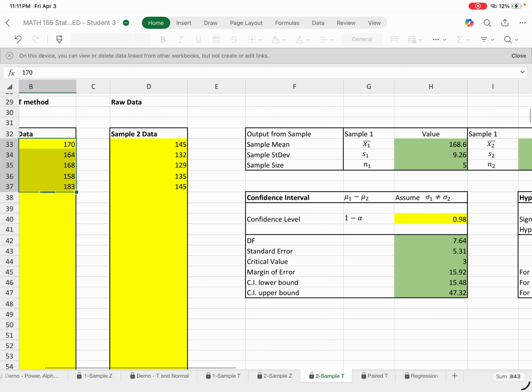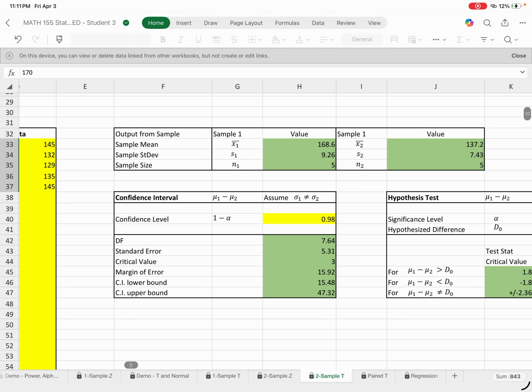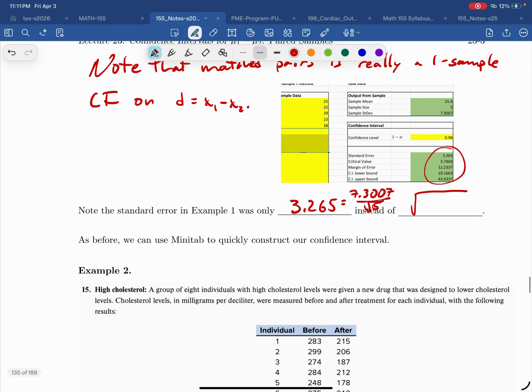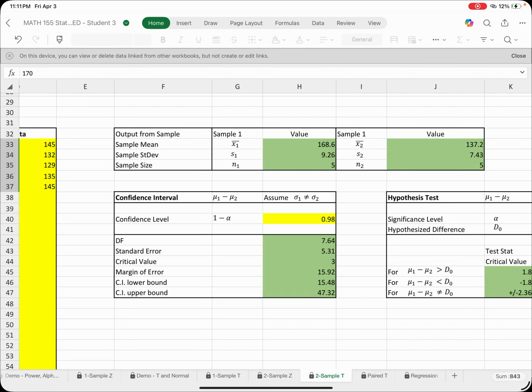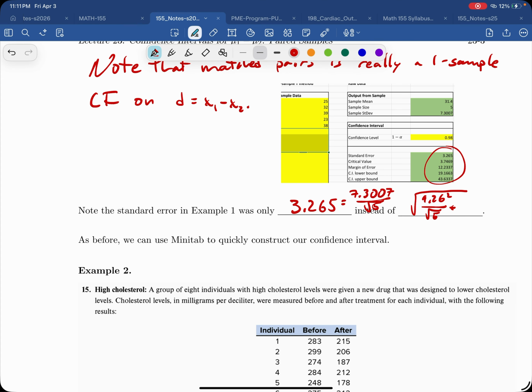It's 5.31 because standard error number 1 is 9.26. We would square that, divide by root 5, plus, and then what was the other standard error? 7.43 over root 5. And that gave us, what was that? 5.31.